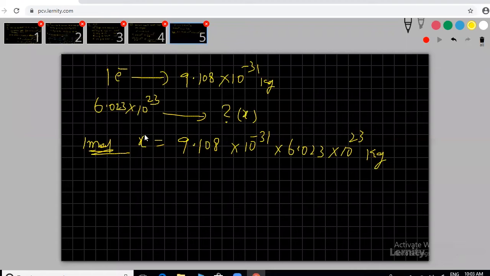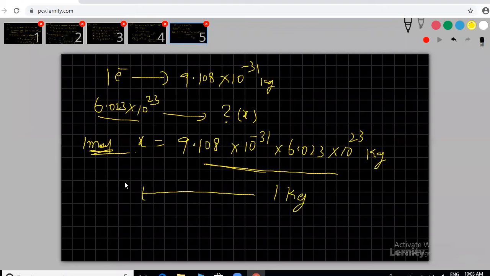But I need how much weight, sir? The Avogadro number of electrons equals this weight; this is 1 electron's weight. The question is: how many moles of electrons weigh 1 kilogram? 1 mole of electrons weighs this much, so 1 kg equals how many moles?